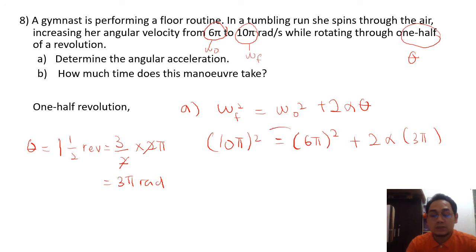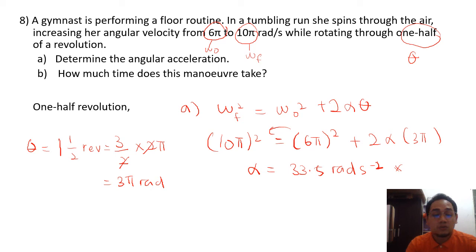You need to rearrange this, and then you can find the value of alpha, and the value of alpha will be 33.5 rad/s². So this is the value of angular acceleration.